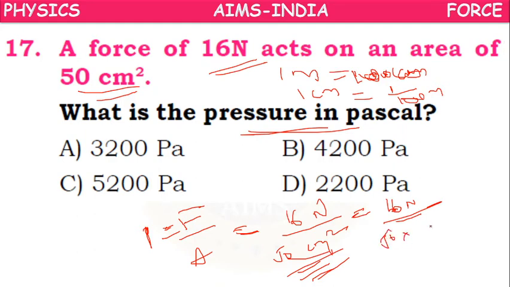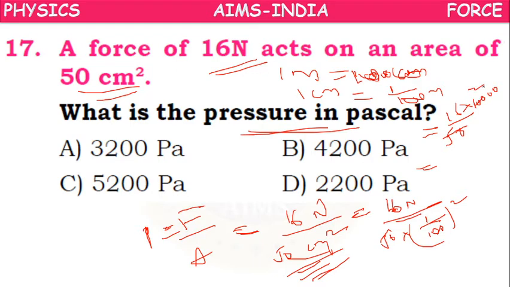Means 50 into 1 by 100 whole square, or 16 by 50. This 100 whole square will go up, because in the denominator, it will go up. 100 square means 1 after 4 zeros. We have to keep 1 after 4 zeros.